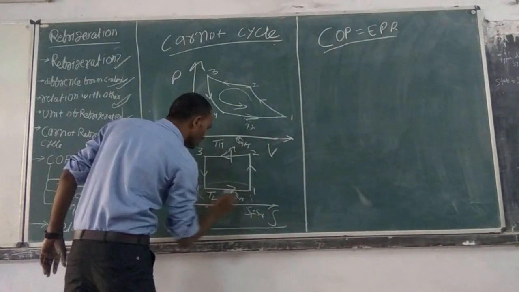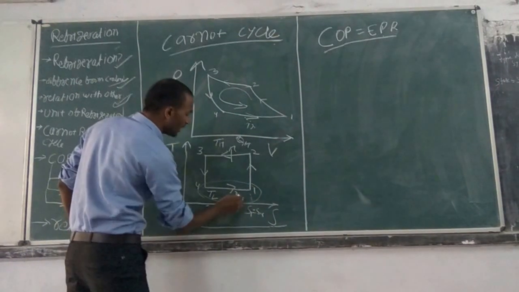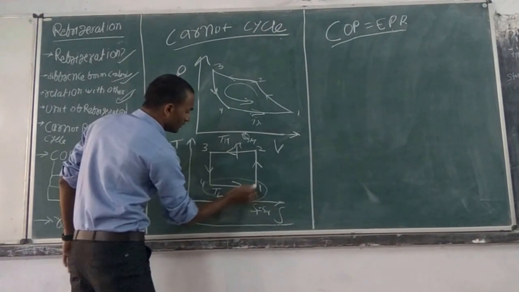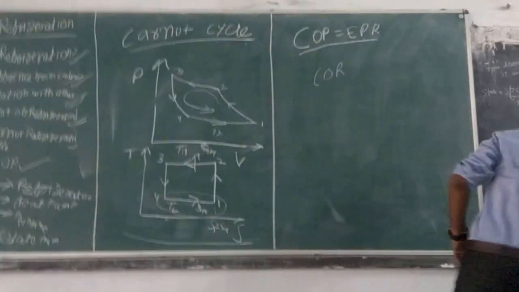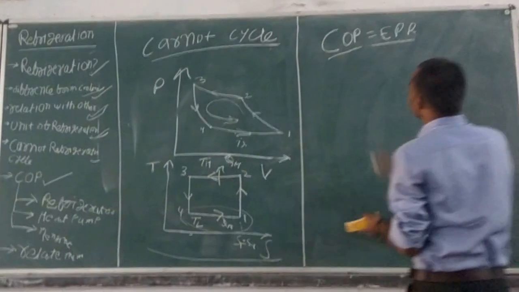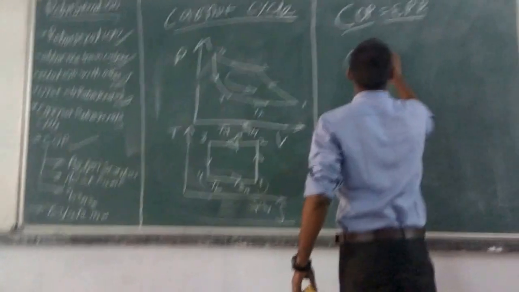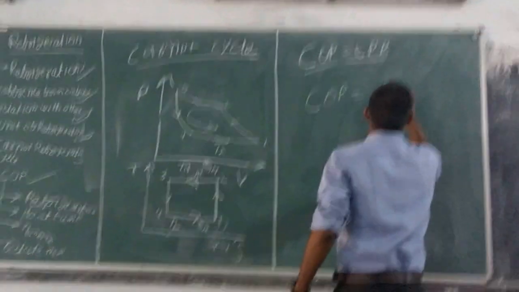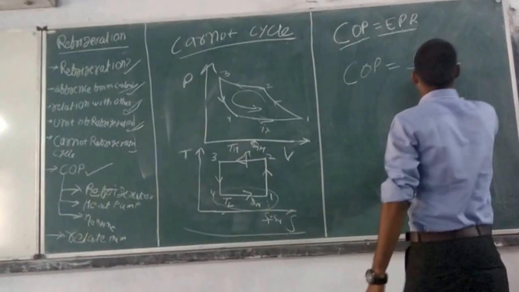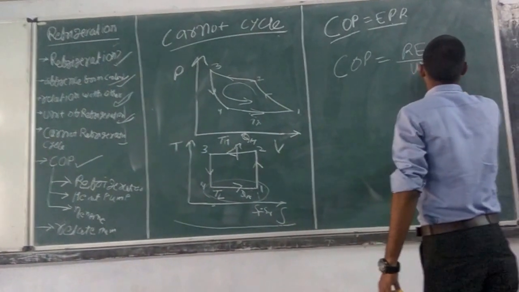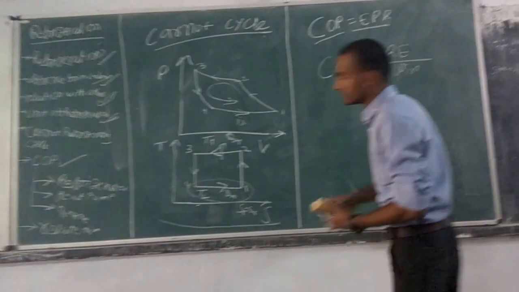For this COP, we will go to this. If we look here, our system is there. This 4 to 1 process gives us the refrigeration effect. And process 1 to 2, it is work, because here the compressor is working.